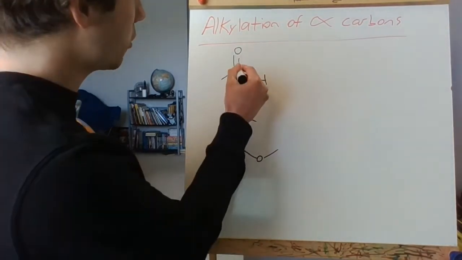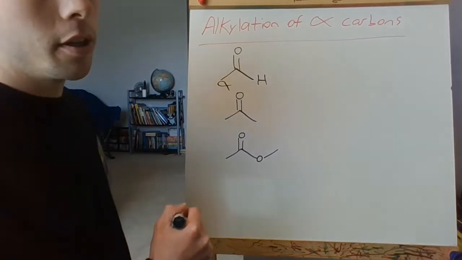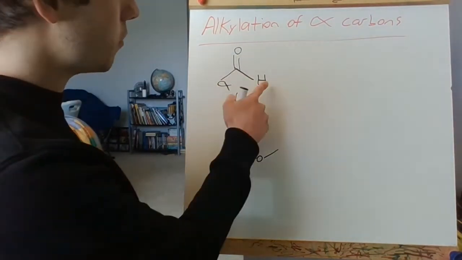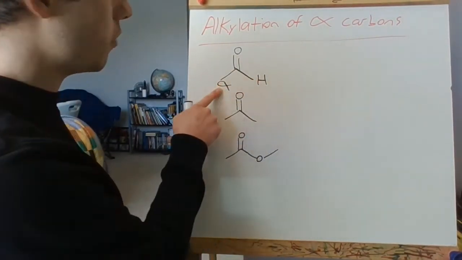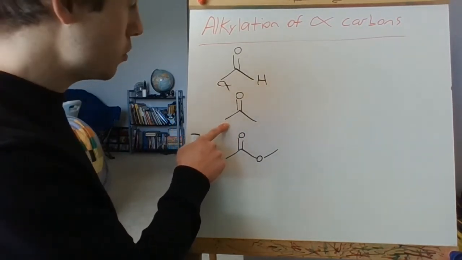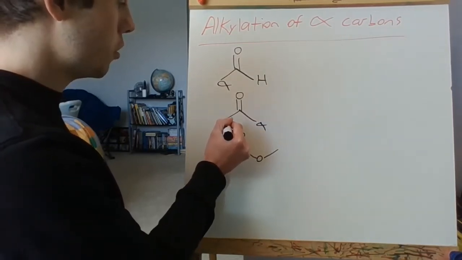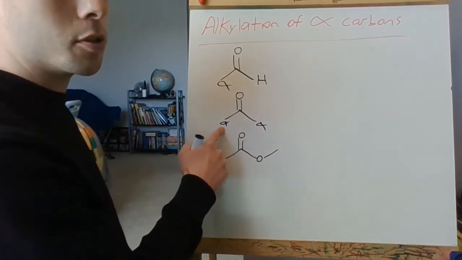So we identify the carbonyl, and the carbon next to it is what we call the alpha carbon. And so in this aldehyde case, we have a hydrogen on one side, and so we only have one alpha carbon. In the case of a ketone, we go to the carbonyl, we look beside it, and we see that we have 2 alpha carbons, one on each side.